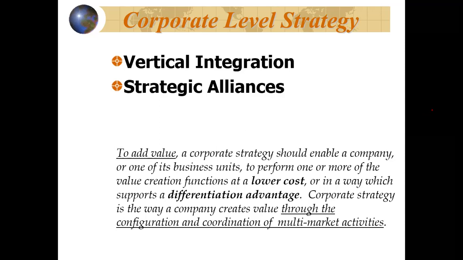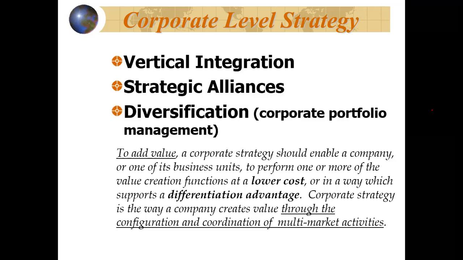Let's talk about your vertical integration. Your vertical integration is becoming its own supplier or distributor through backward integration or forward integration. For your vertical integration, when you say backward integration, you buy entity that is your supplier. So you become the supplier of your own business.